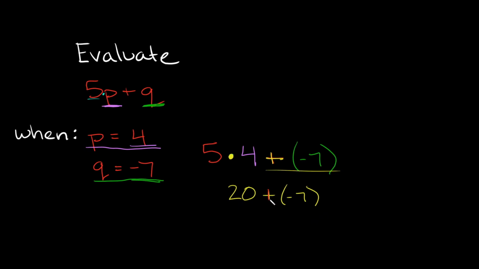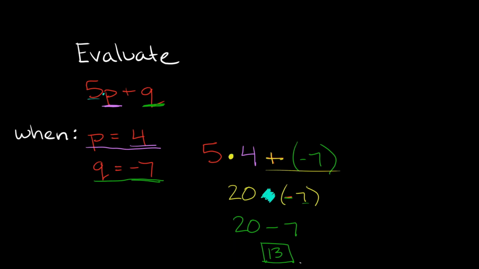Well, whenever you're adding a negative number, this addition sign goes away, okay? Just completely ignore it, get rid of it, set it on fire, whatever you want to do. It just goes away. Okay, so now as you can see, all we're left with here is 20 minus 7, right? So what's 20 minus 7? That's just 13. Okay, so that'd be your answer.